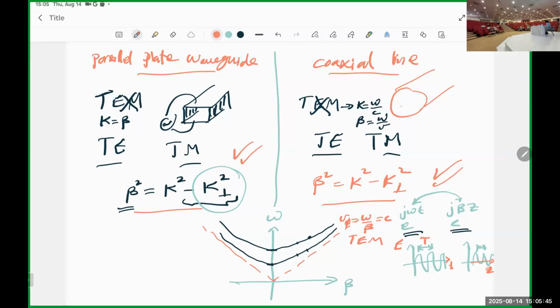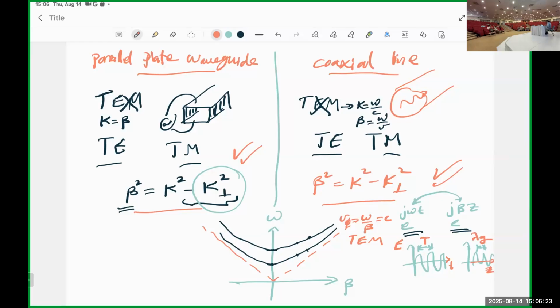If here we have a signal going, what is this periodicity? Lambda. Yeah, but what lambda? Yes, this is lambda, but it is not the free space lambda. Lambda guide. Yeah, because we are talking about a guide. This is what's going to make a huge difference. Lambda guide equals phase velocity divided by frequency.